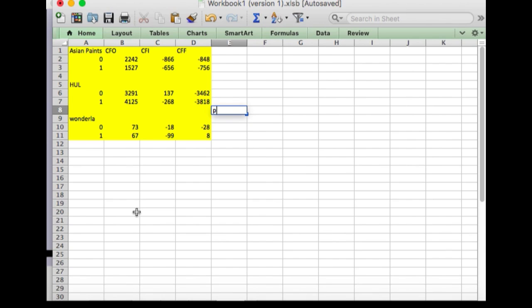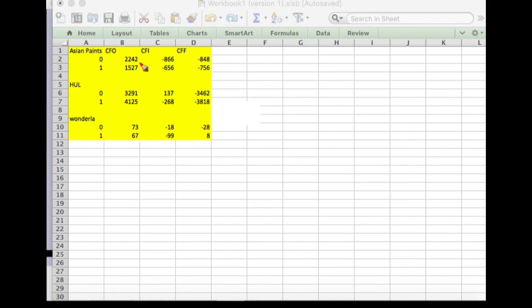So here is what I am reading out of it. Asian Paints has a very large positive operations inflow. That's good news. They have negative on investments. So that means they are investing into capex. That's good news.